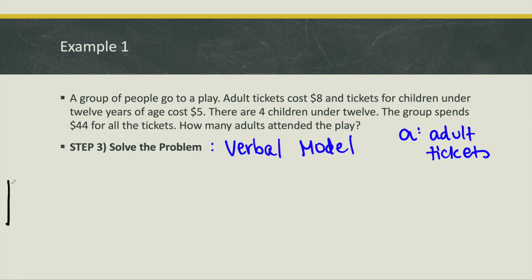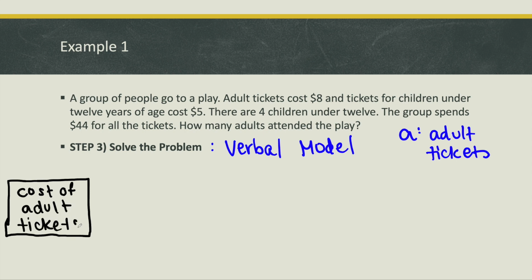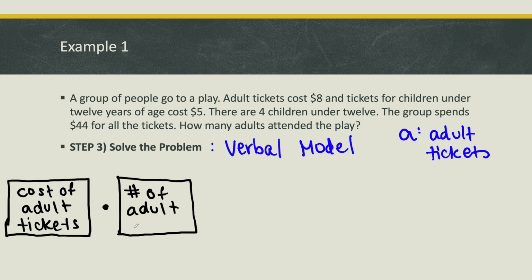So our first train box here would be the cost of adult tickets, and then to find the total cost for adult tickets, we would have to multiply that by another train box, and we'll call this number of adult tickets purchased.